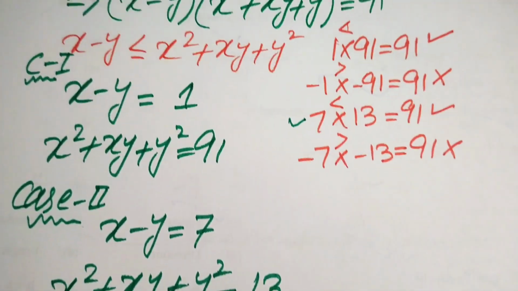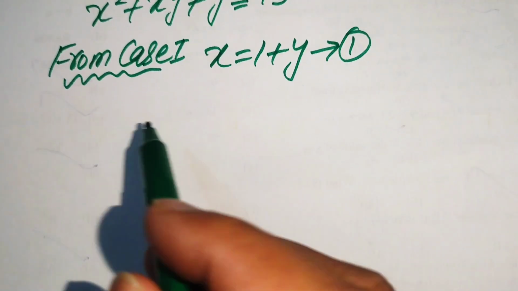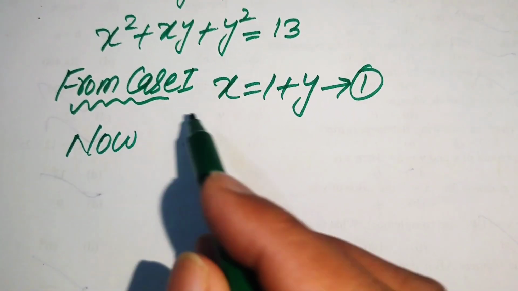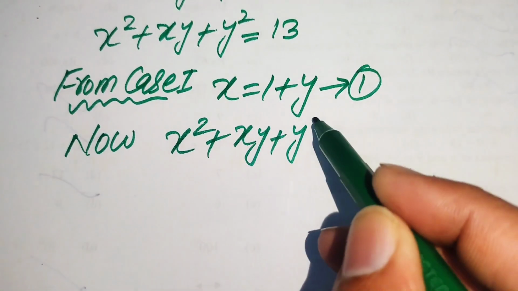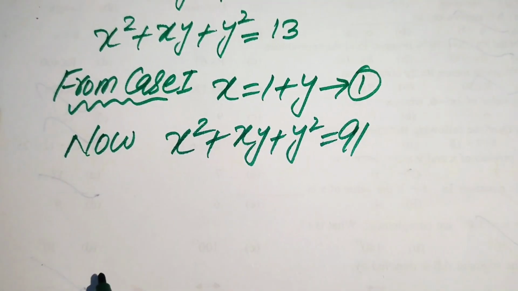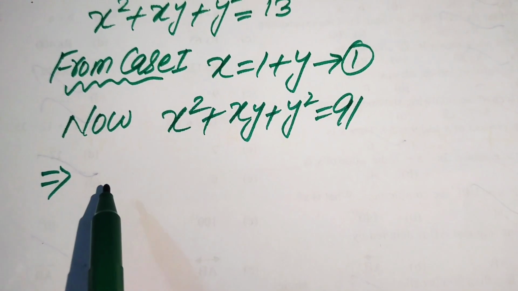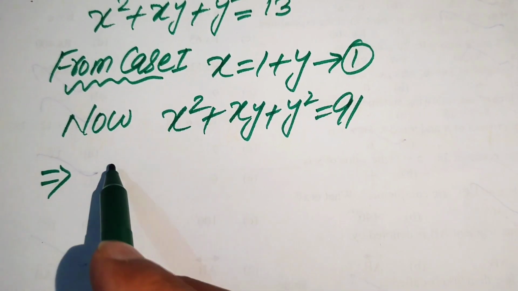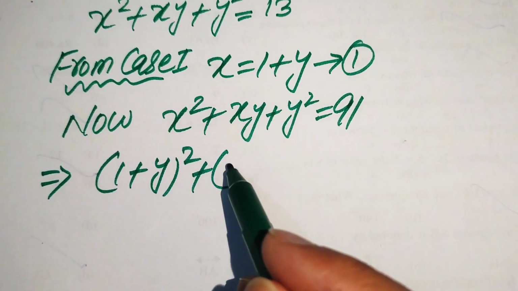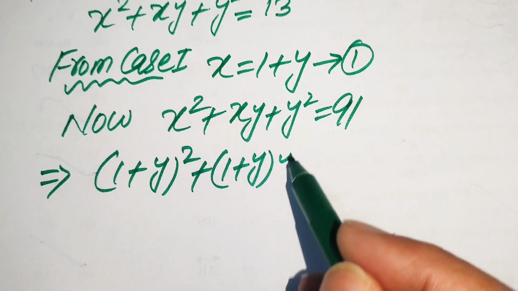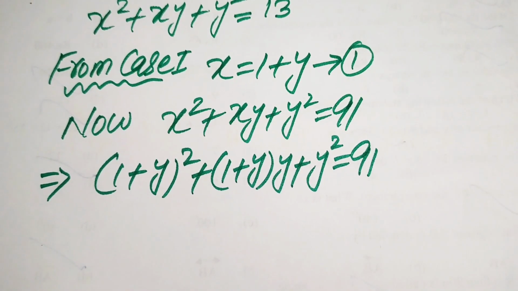Now we substitute this value of x in the second equation, x squared plus xy plus y squared equals 91. So this implies that (1 plus y) squared plus (1 plus y) times y plus y squared equals 91.